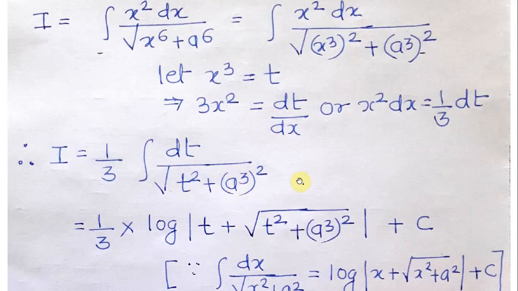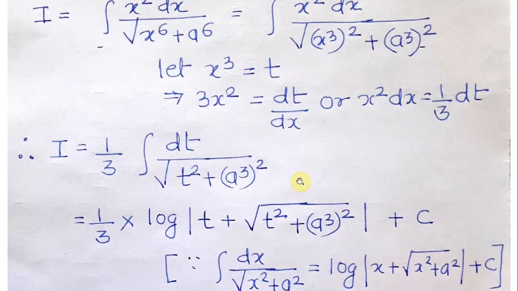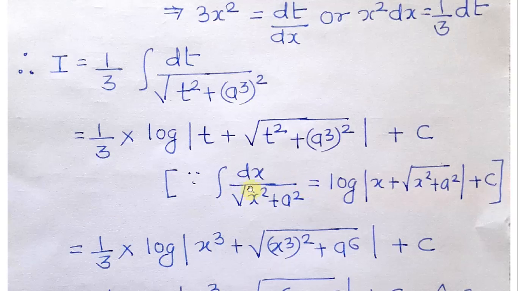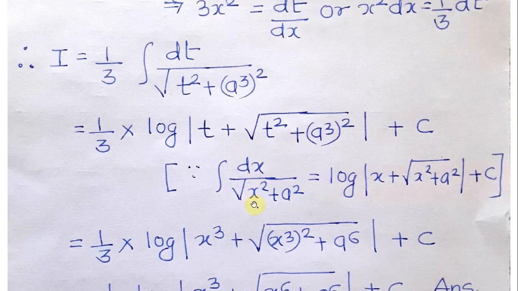Okay, so now let us apply the formula. The formula I have written down here: integration dx upon under root of x square plus a square. The formula is written over there. Let's see how we put the value. In place of x I kept here t. Again in place of x I kept here t, but here it is x square, so it is coming t square. And in place of a, as I told you earlier, I am keeping a cube.